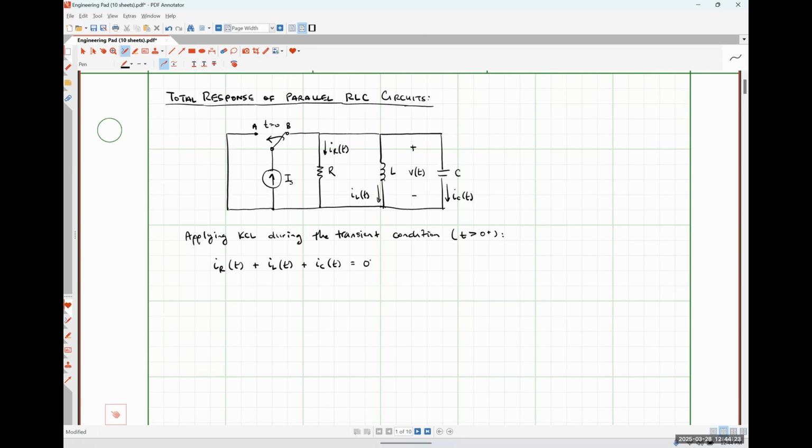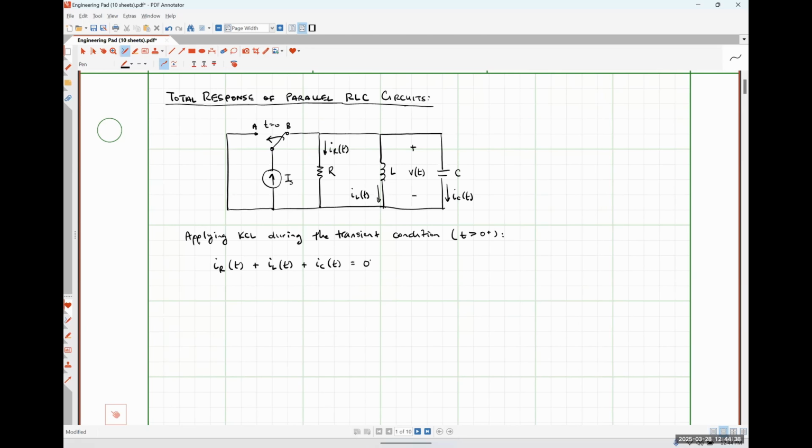Kirchhoff's current law, we're at the point where our source has been disconnected. So on the right-hand top node, we're only going to have those 3 currents exiting the node, add them all together, set them equal to 0.